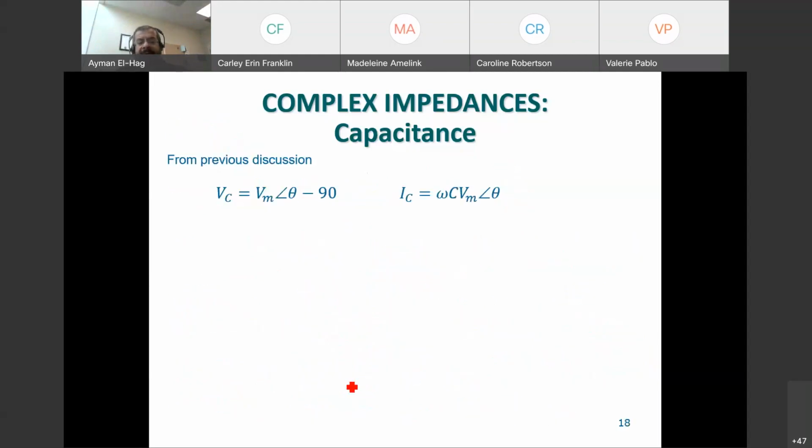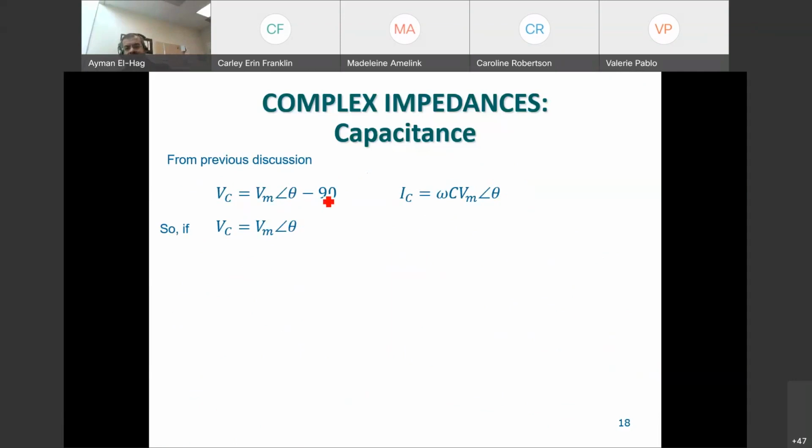So VC, as I just mentioned, equal to Vm angle theta minus 90, IC equal to omega C Vm angle of theta. So if we make this equal to theta instead of minus 90, then we have to add the 90 here, because there is a 90-degree phase shift between the current and the voltage.